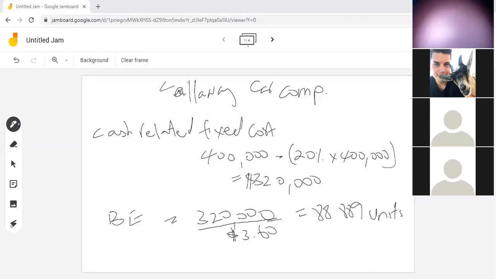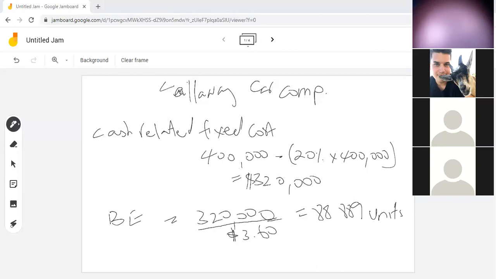All right, so let's look at air purifier. It computes its break even strictly on the basis of cash again, expenditure related to fixed costs. Total fixed costs are 2,450,000, but 15% of this is represented by amortization. So again, this is similar to the one we just did.